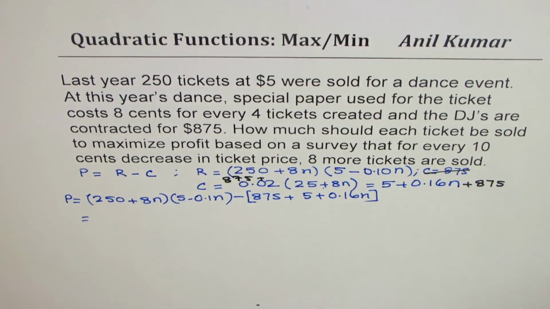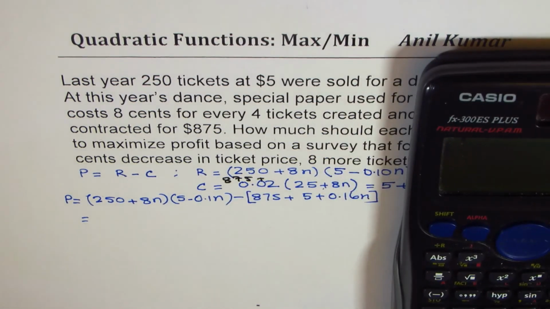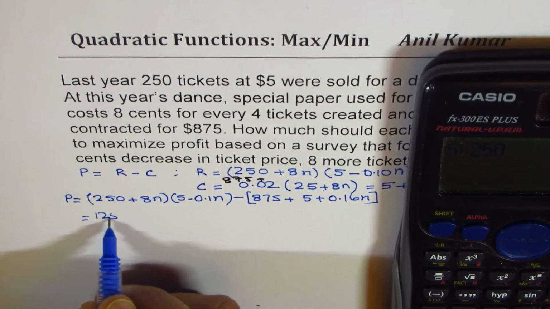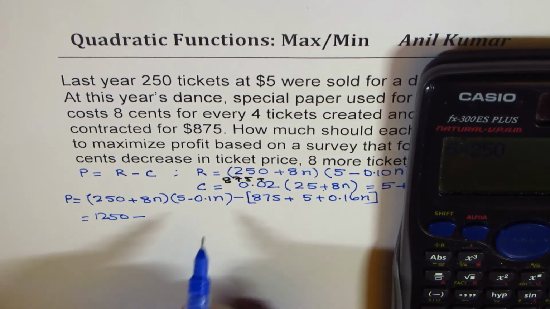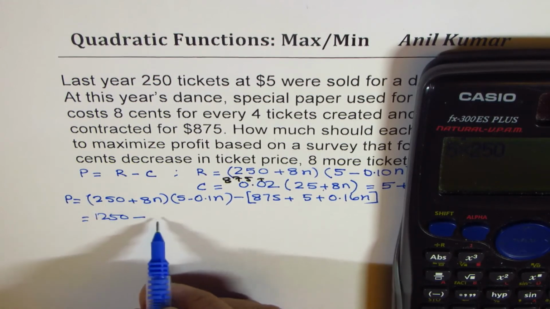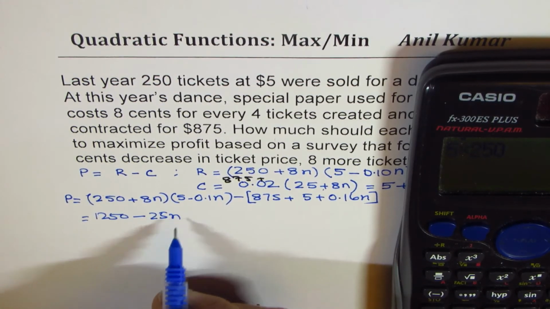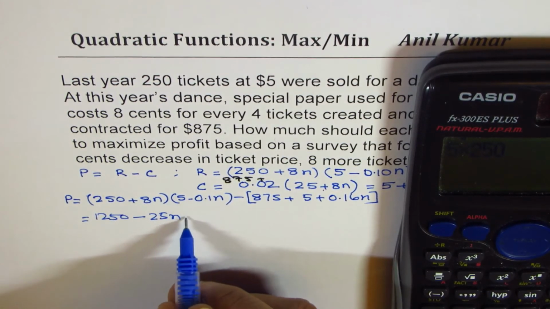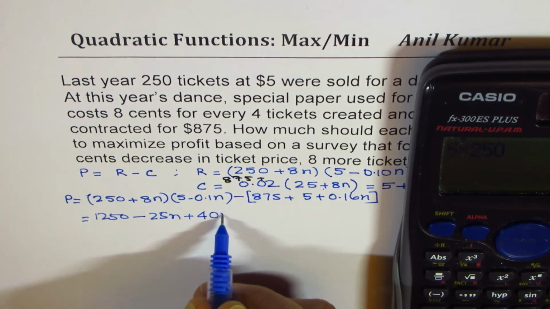So let's do. So if I multiply 5 times 250, I get 1250, minus 0.1n will give me 25n. 8 times 5 is 40, plus 40n.